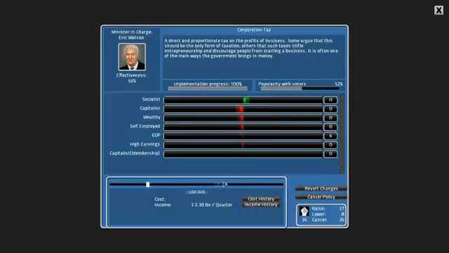So if I massively put up corporation tax, you see here this number 6, that's how many turns it takes for that to have this particular effect on GDP. For example, the wealthy will be upset immediately, that's 0. Capitalists will be upset immediately, socialists happy immediately. But this 6 means that this effect is going to fade in over time. So if I make that change, we'll gradually see the thicker bar move towards where it should be, which is the final effect of it.